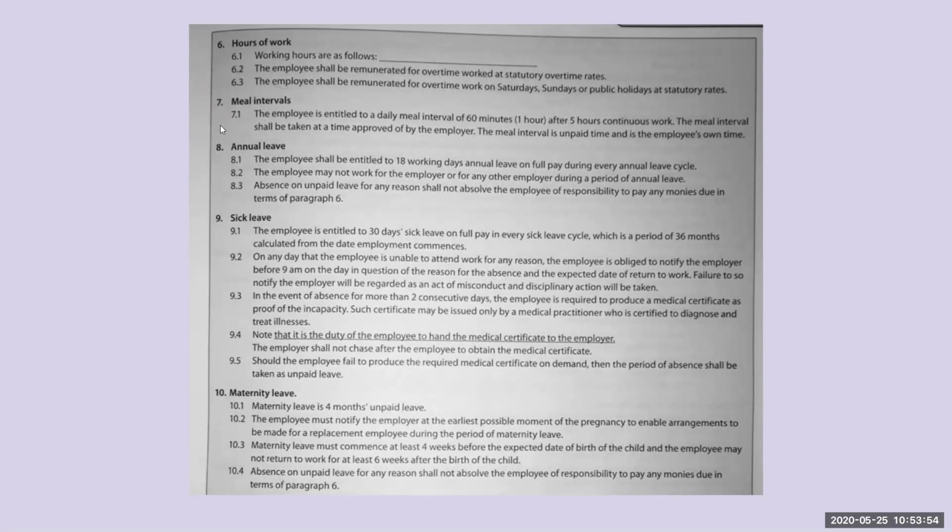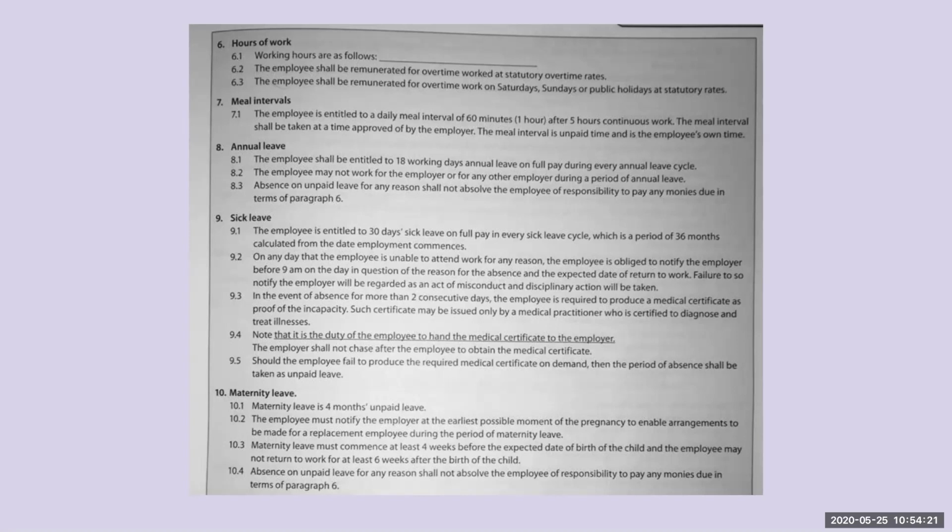Number 7 is our meal intervals. So this means the times that I am allowed to be away from work for lunch. So the employee is entitled to a daily meal interval of 60 minutes after 5 hours continuous work. So after I've been at work for 5 hours, I'm allowed to take lunch, but the meal interval shall be taken at a time approved by the employer. This is very logical because think of an office situation.